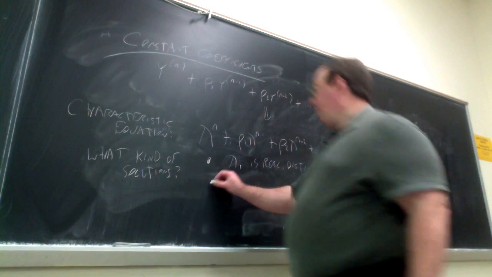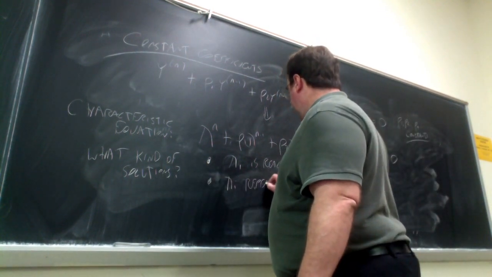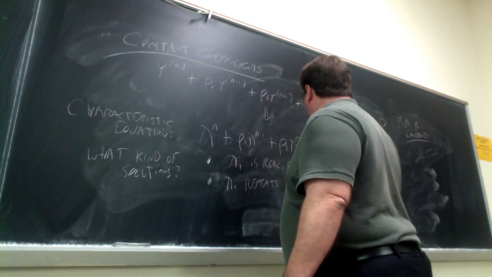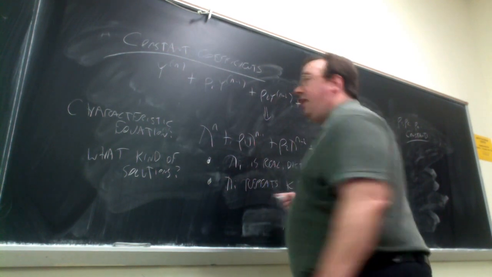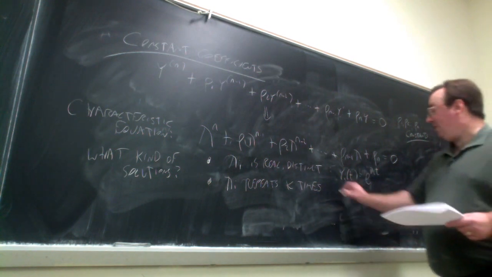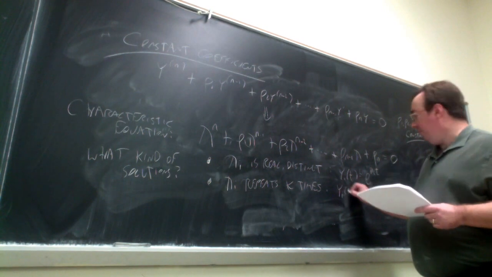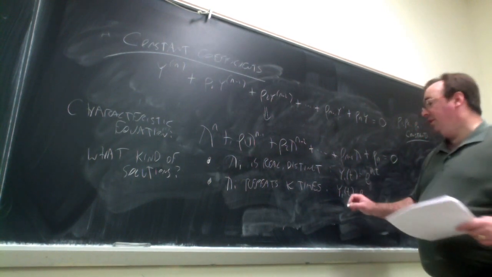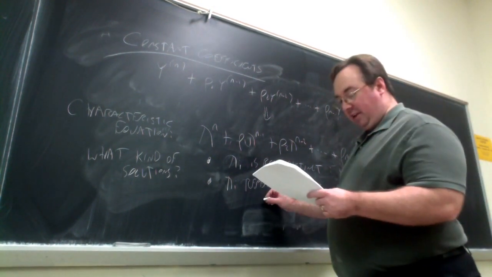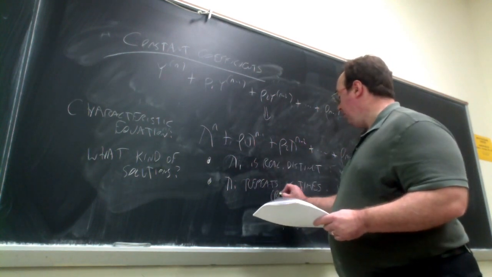Now, you can have repeated roots, and they can repeat any number of times, up to n. Now, what happened before, you have your exponential. Okay, actually, we're going to stick with real roots here.